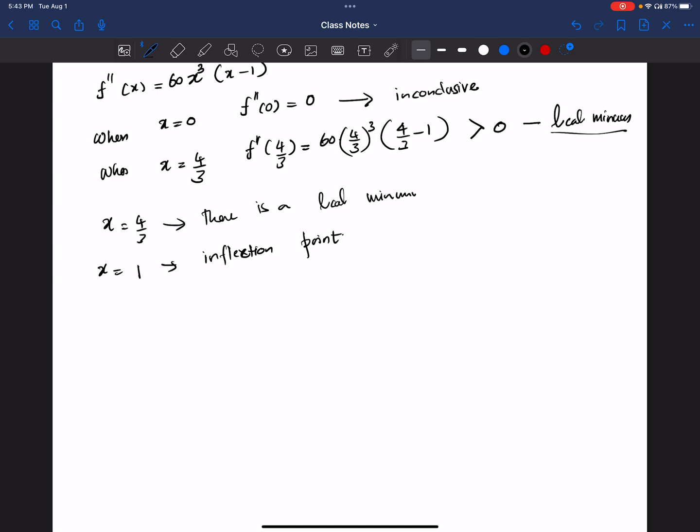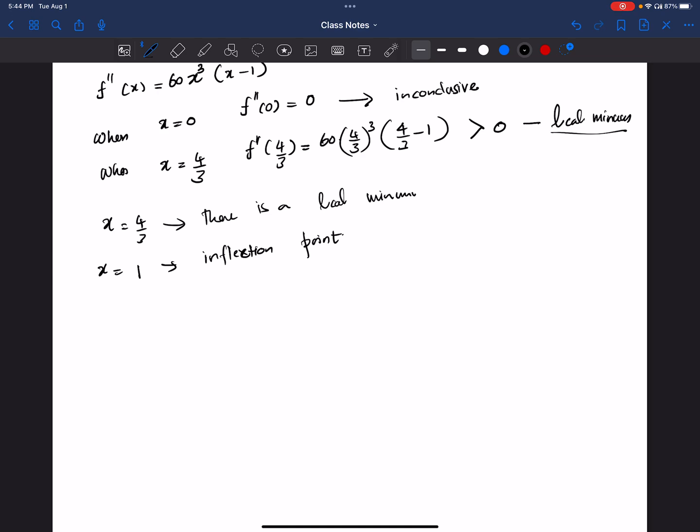There's an inflection point. So these are the conclusions that we can make with the information that we have about this function. We have a point of inflection at x equals 1.